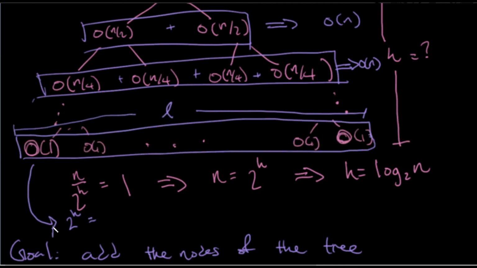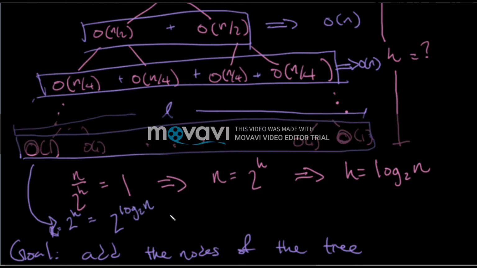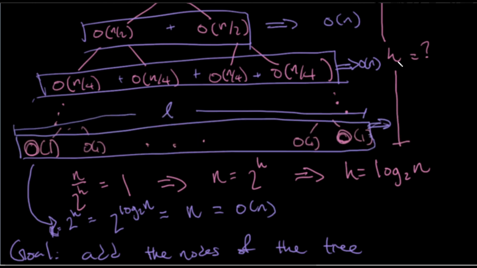This is equal to L. And so we already figured out what h was, so we're just going to plug in h. And if you remember your log rules here, that comes out to n, which is O of n. So we can make this argument really that each level sums to O of n for every single level.